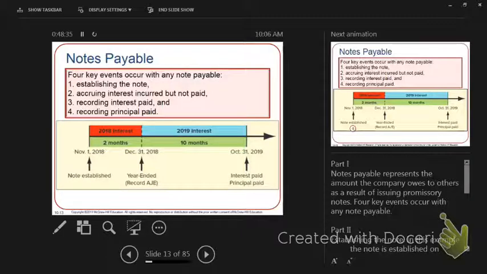Now it's October 31st. We're going to record the interest and pay the interest back. What do we do? Interest payable would be a debit. For how much? 6,000.